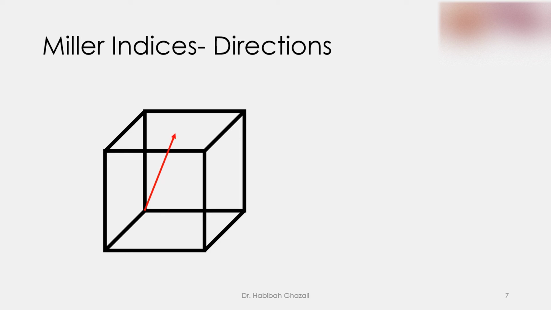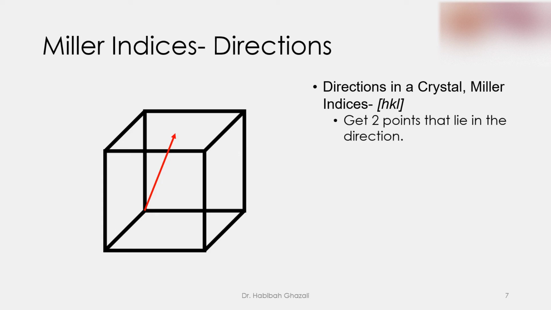Let's say I have a material property in that direction that I am interested in, and how am I going to start indexing this direction? A direction can be denoted with Miller indices HKL in a square bracket. So to start indexing this, I need to get 2 points that lie in this direction.